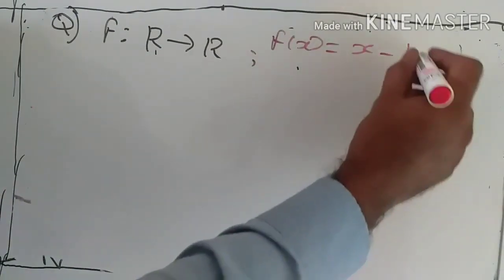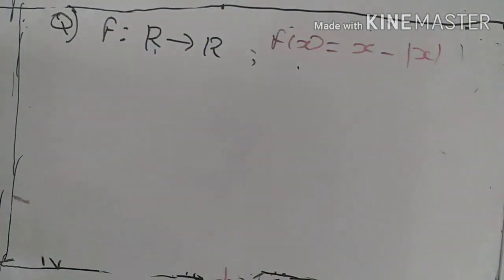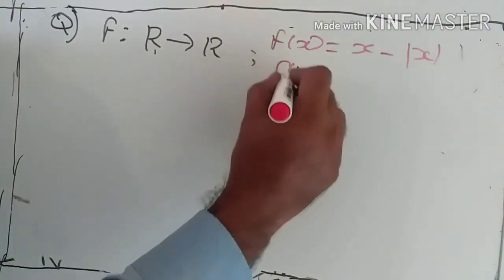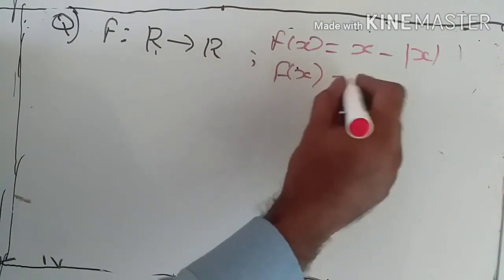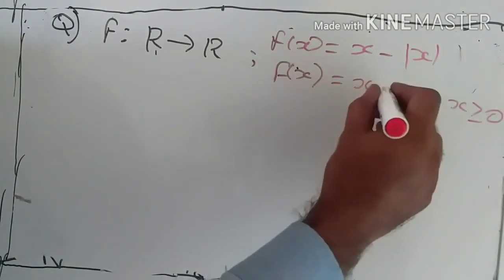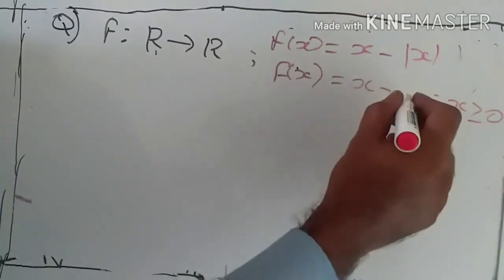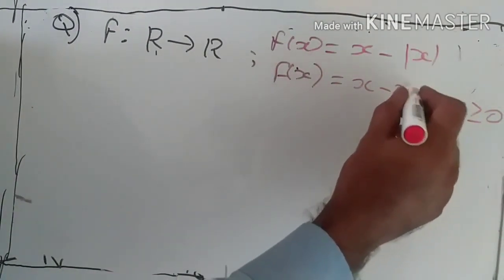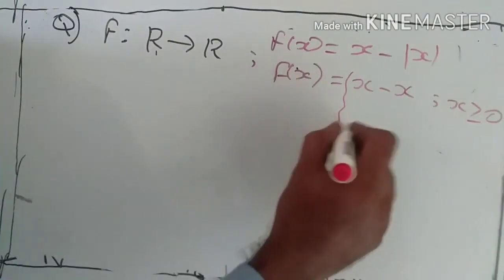Next, x minus mod x. So what is f of x? f of x is equal to x for x greater than or equal to 0, where x minus mod x becomes x minus x, which is 0.